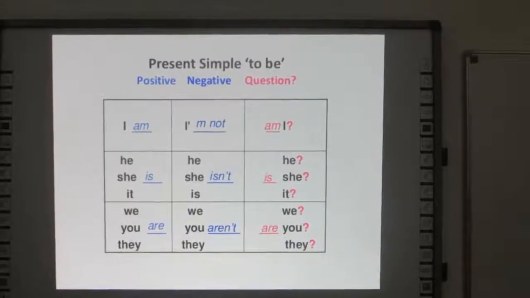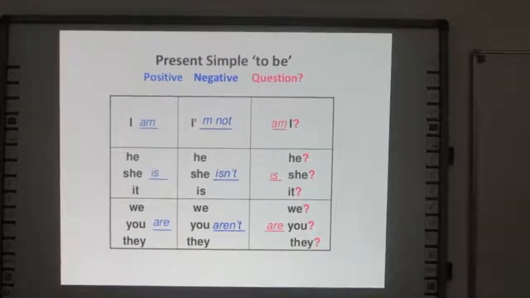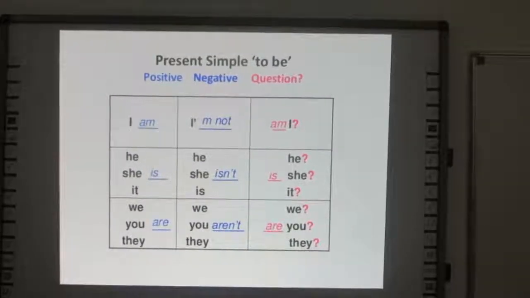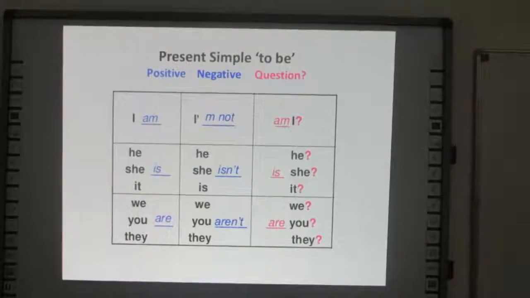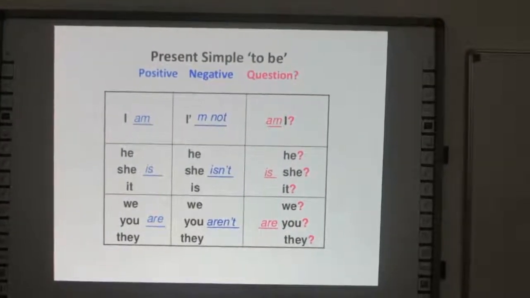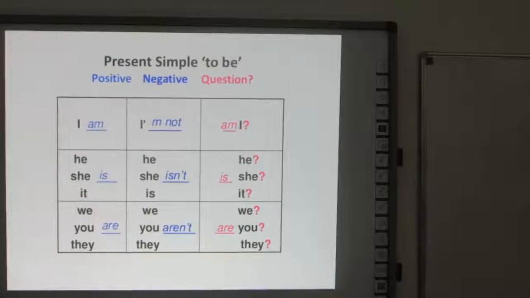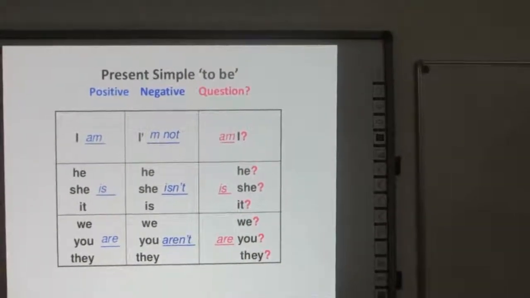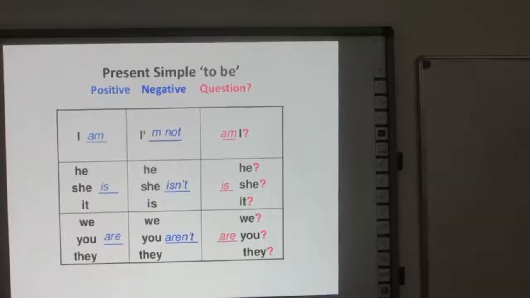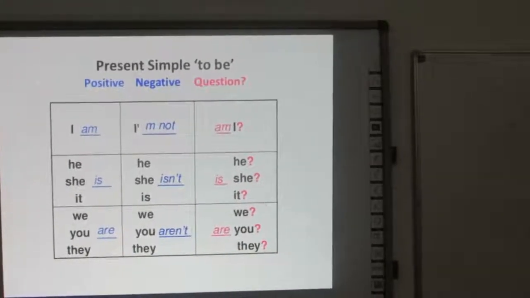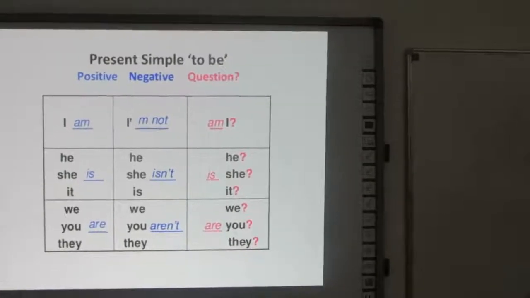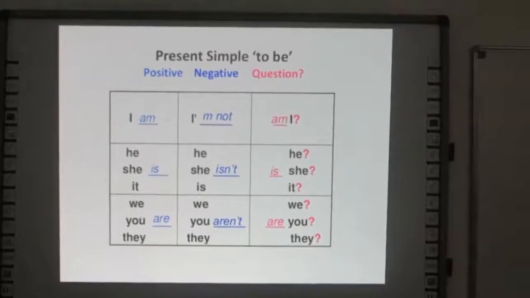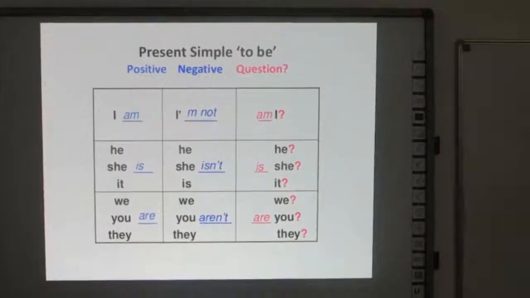The verb to be is often used in present simple and changes not according to the main rules. Present simple to be has three forms according to the person. I am, he, she, it is, we, you, they, are. To make negative form, we have to add the particle not, and if we want to make a question, we put am, is, are in the beginning of the sentence.